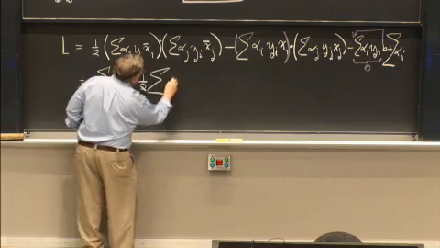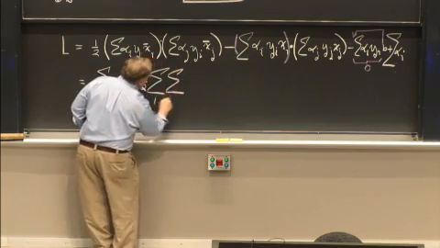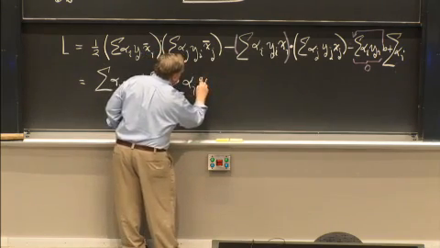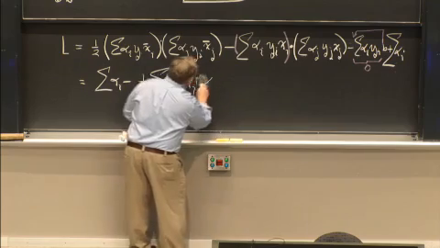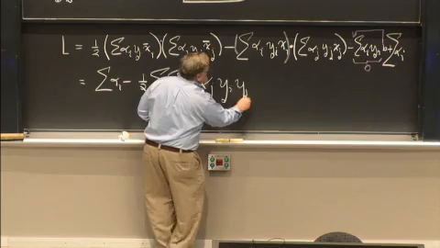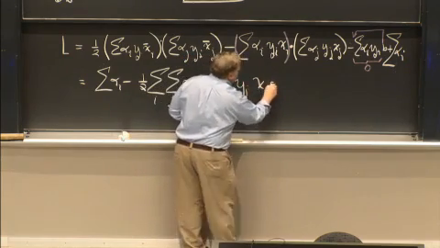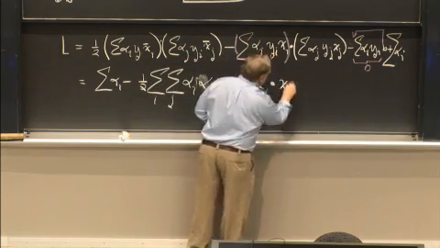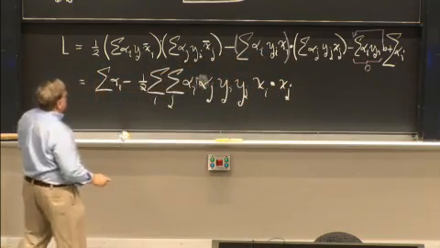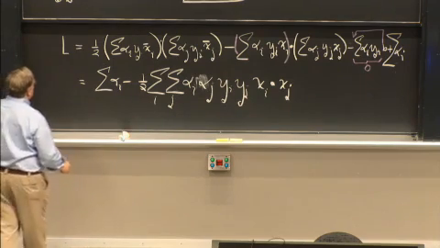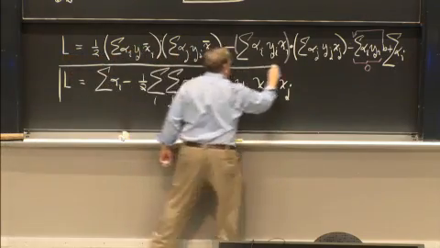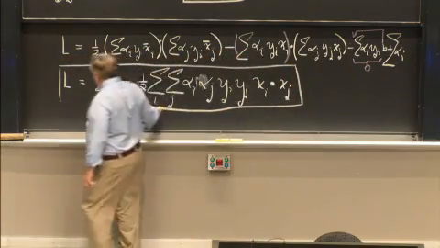And now I'll just convert that whole works into a double sum over both i and j of alpha i times alpha j times y sub i times y sub j times x sub i dotted with x sub j. We sure went through a lot of trouble to get there, but now we've got it, and we know that what we're trying to do is we're trying to find a maximum of that expression.